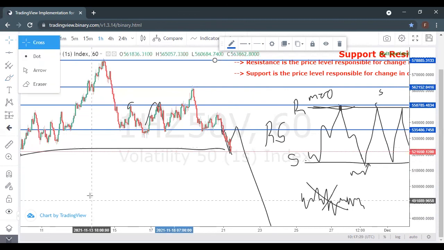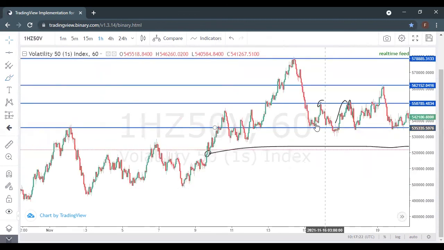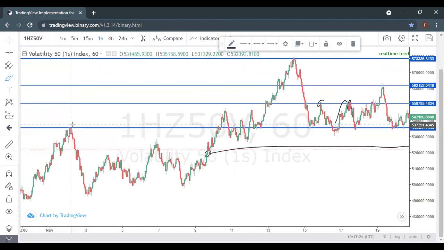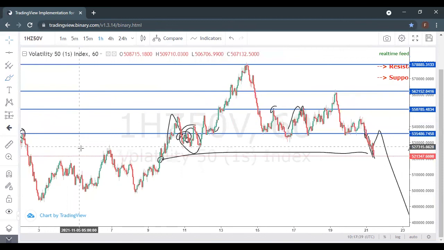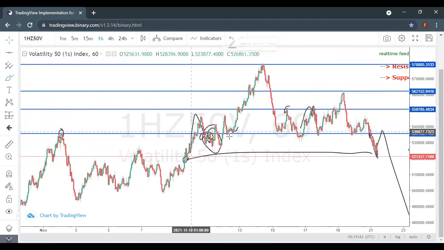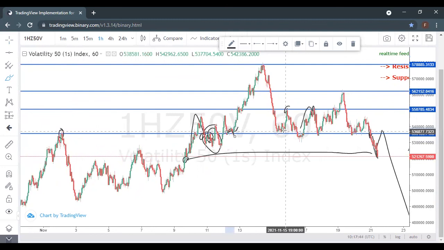You see this area was previously acting as resistance, then it was broken, some noise around there, then it was broken, retested. So this area that has been acting as resistance is now acting as support, right? So this is how you trade.